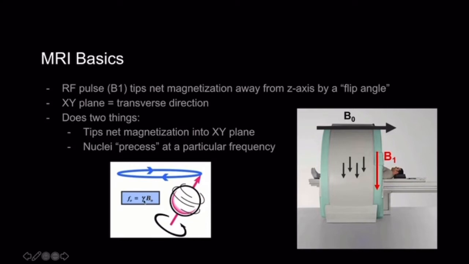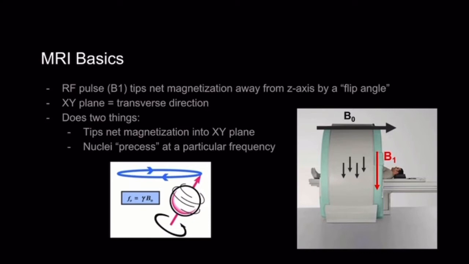The frequency also depends on the nucleus itself, which is reflected in this term here, gamma, which is the gyromagnetic ratio. If that's too much for now, just remember that the RF pulse does two things. It tips the magnetization into the XY plane from the Z-axis and causes the protons to precess or wobble in sync at a particular frequency.